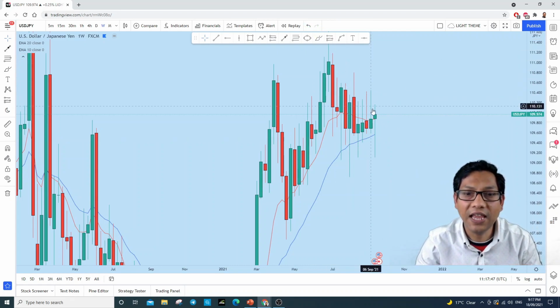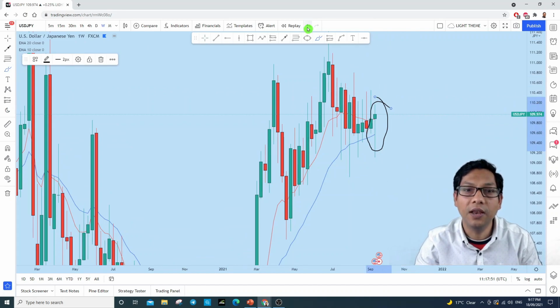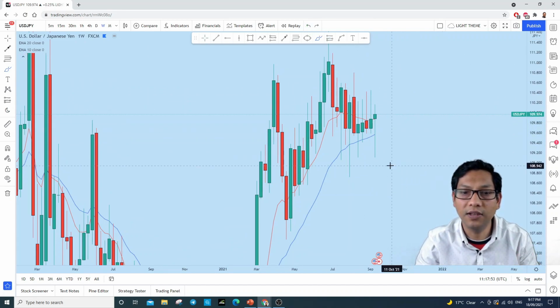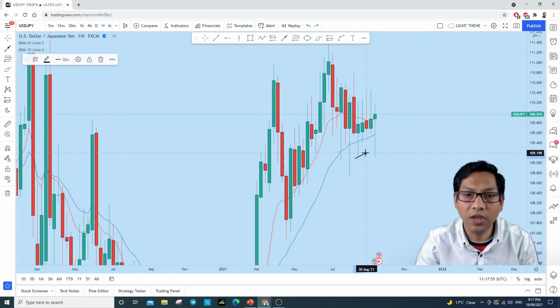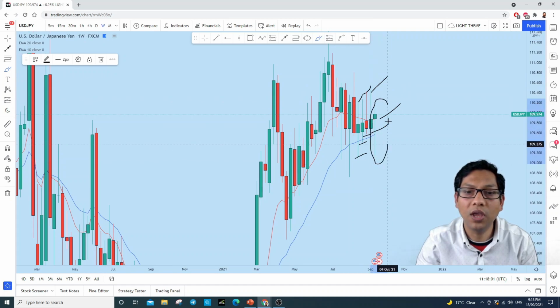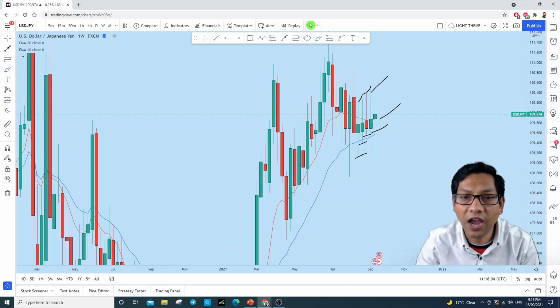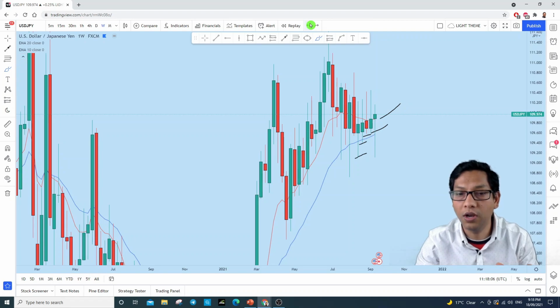Now at this point, last week, the closing week, we saw another hanging man. This hanging man has been created in this consolidation. Look at this: every week we saw a higher high, higher low, higher low, higher high, higher high. Only this week we saw a lower high and lower low.